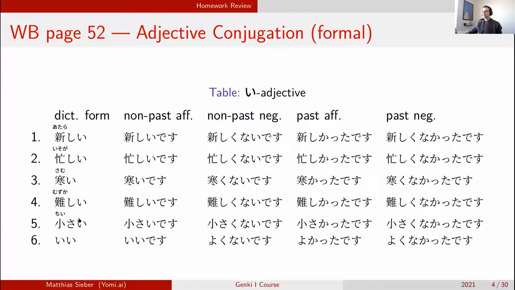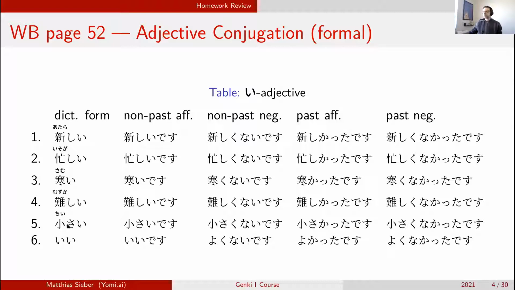Chiisai is small, or it can also mean little. The kanji is used not just in chiisai, but Genki has a couple of other words where it takes a different kunyomi reading. But here it's chiisai. So chiisai desu, chiisakunai desu, chiisakatta desu, chiisakunakatta desu.